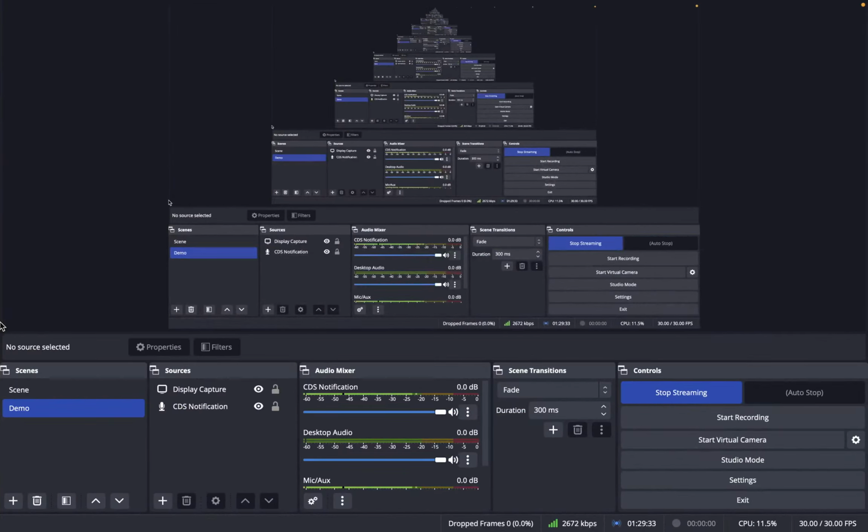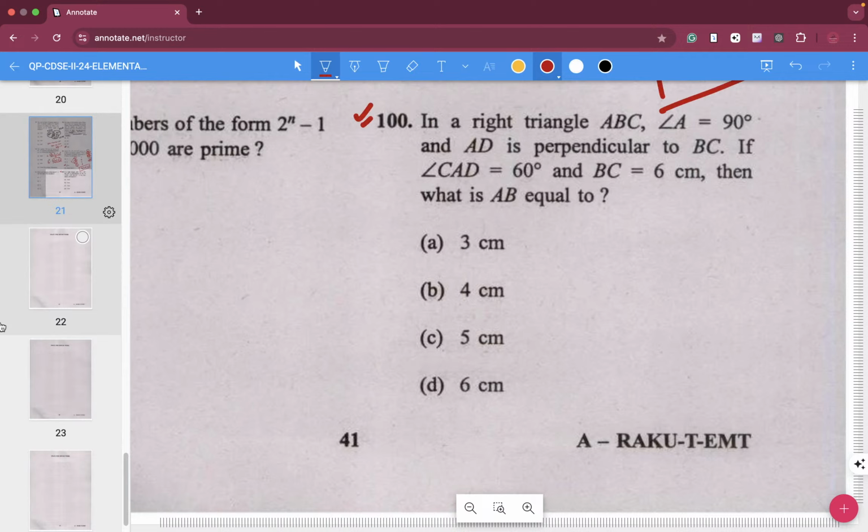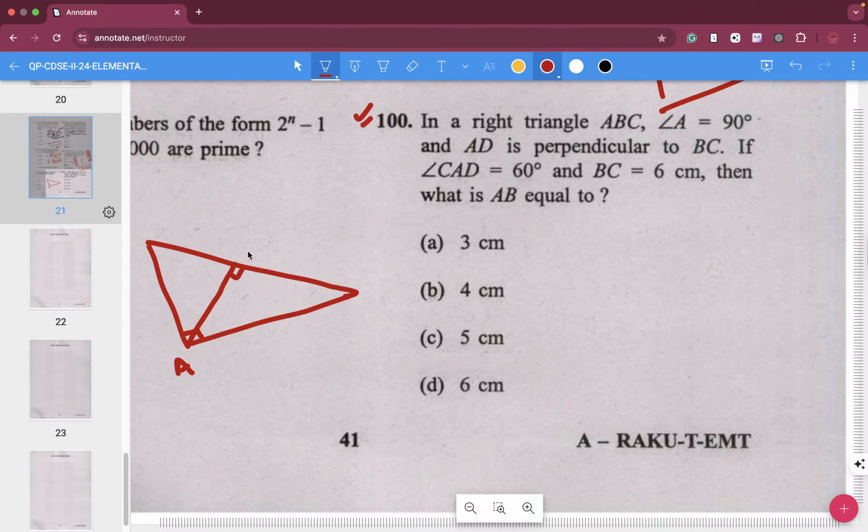So let's move on to question number 100. In a right angle triangle ABC, angle A is 90 degrees and AD is perpendicular to BC. This is your AD.